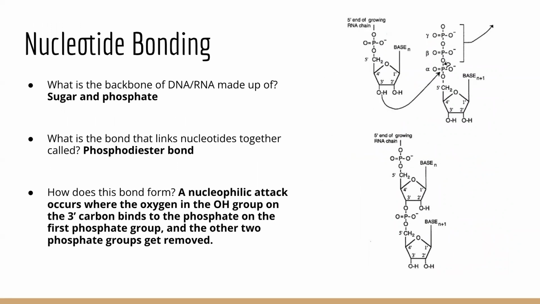You just need to know that this OH binds to that first phosphate group, and then 2 phosphates are released, and the breakage of this phosphate bond to these other 2 phosphates is what causes the new bond to form. But yeah, it's good to have this visual so you know that you're always adding nucleotides to the 3' end.